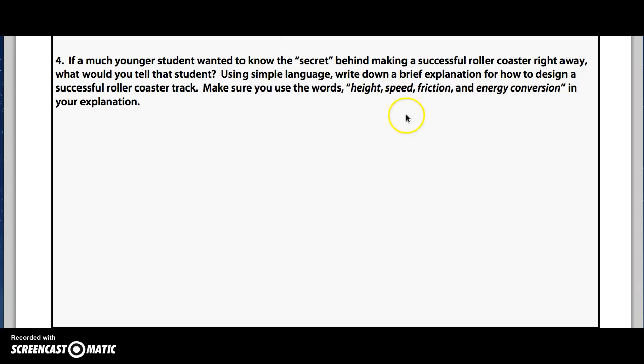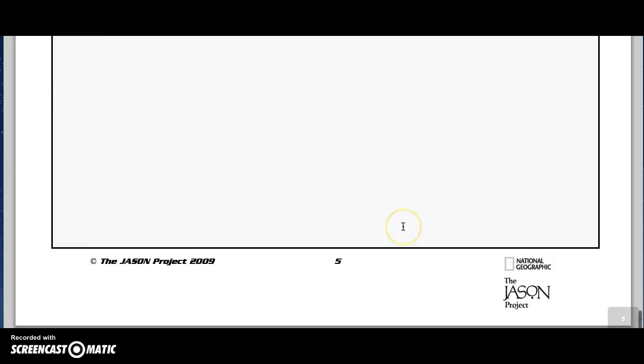You can tell them, use words like height, speed, friction. If you can potentially talk about energy conversion, sorry, can't speak, that would be really good as well.